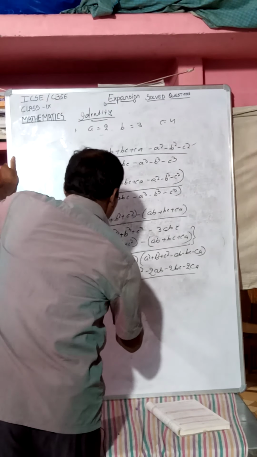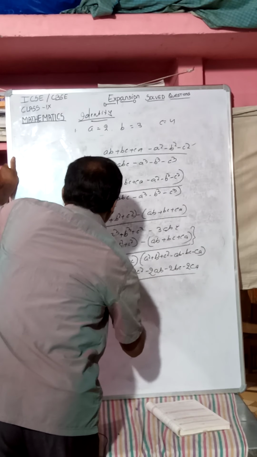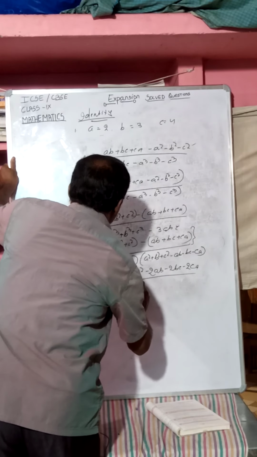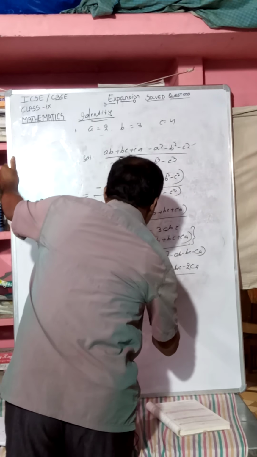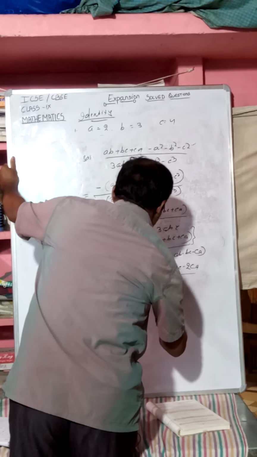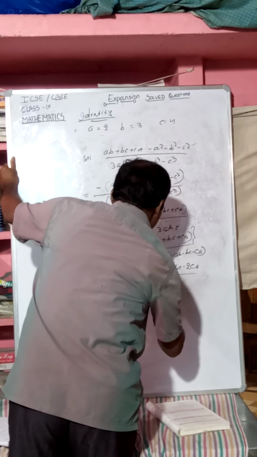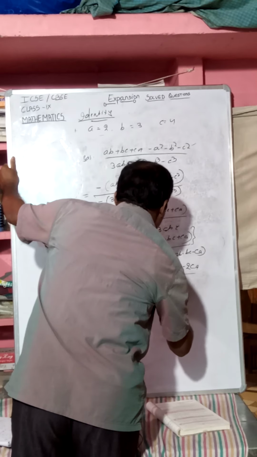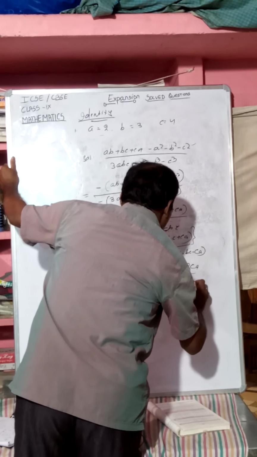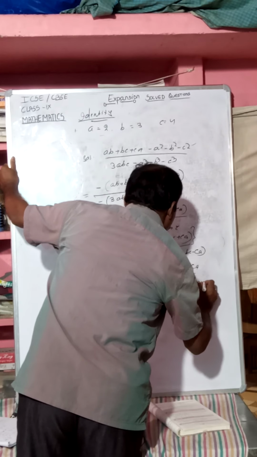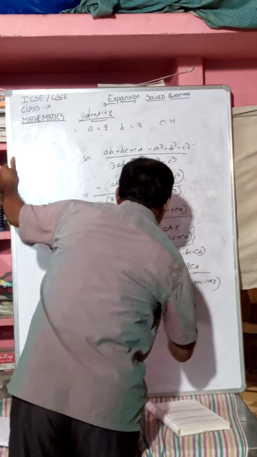A is 2, B is 3, C is 4, and A square 2 square plus 3 square plus 4 square minus 2 into 3 minus 3 into 4 minus 4 into 2, this much.